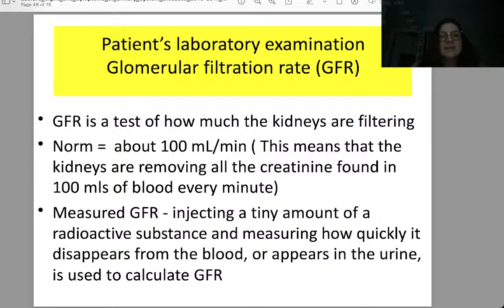This means that kidneys are removing all the creatinine found in 100 milliliters of blood every minute. It can be measured and estimated. Measured GFR is an invasive method: injecting a tiny amount of radioactive substance and measuring how quickly it disappears from the blood or appears in the urine is used to calculate GFR.